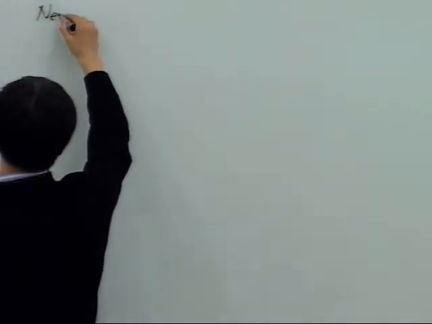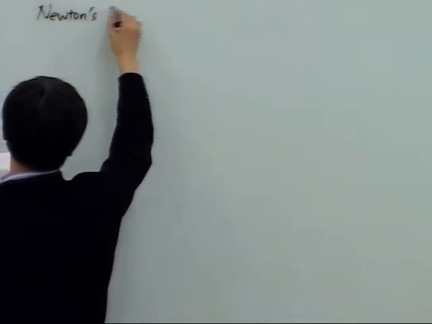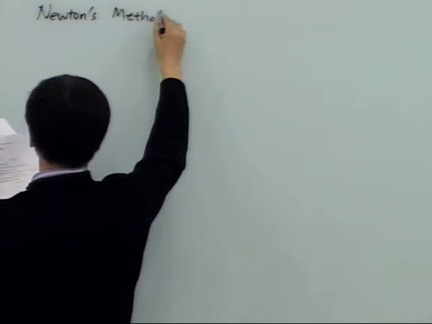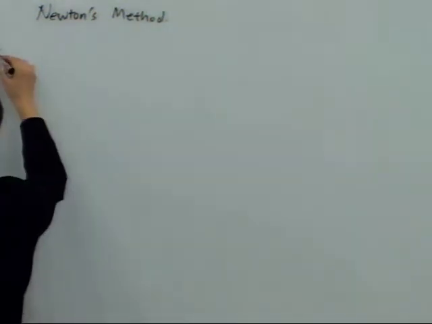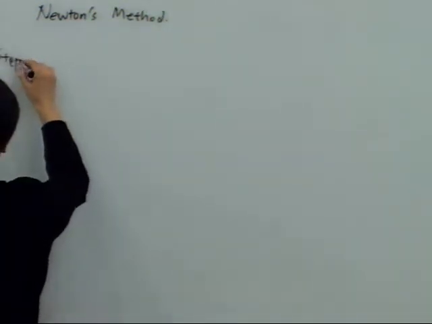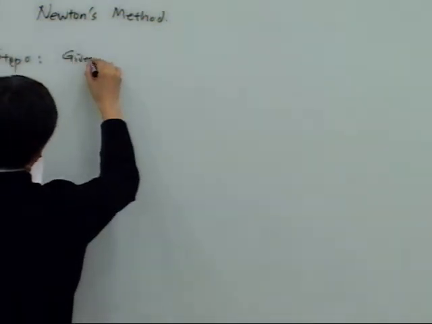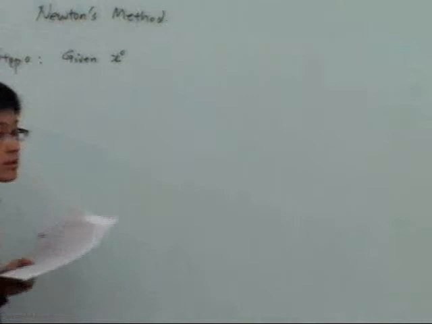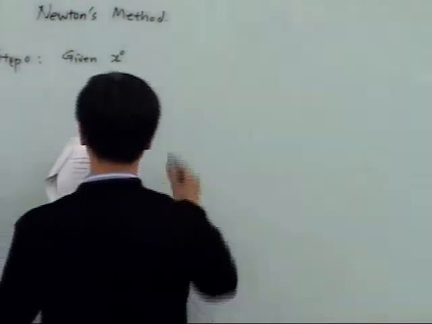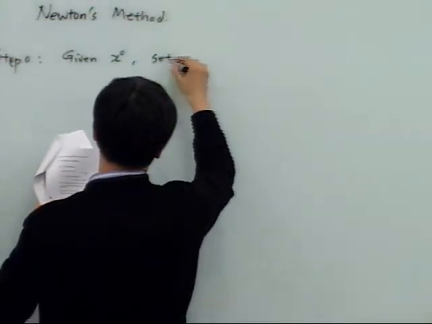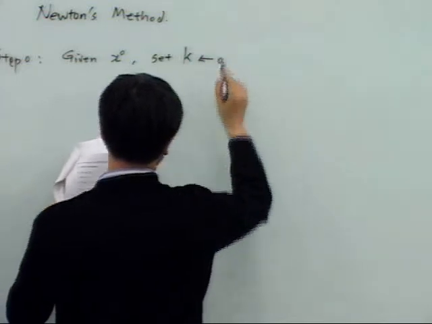Let's quickly discuss this Newton's method. Step 0, initialization: we need an initial guess, an initial point x, and set k equal to 0.